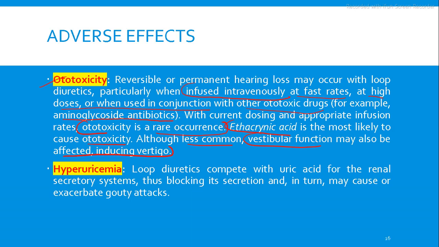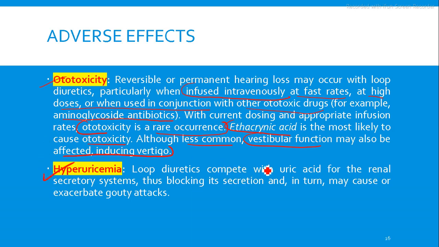What is the base of these fluids? It is all water. Composition wise it will differ from other fluids, but the main basis of these fluids is water. So these diuretics cause loss of water, and as they cause loss of water, it will lead to ototoxicity.